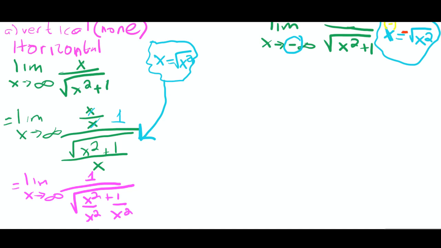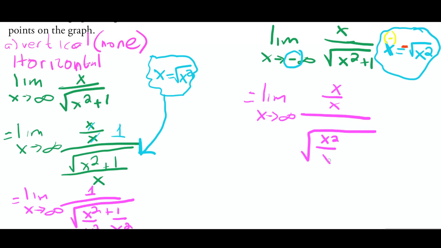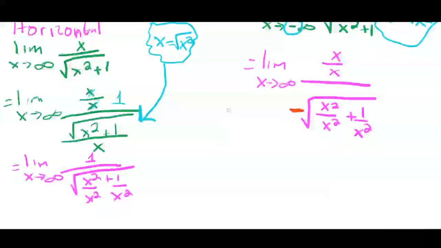In this one, when you do the same thing, you're going to divide by x on top, but then to bring it inside, it's not the square root of x squared, it's negative square root of x squared. This negative comes from the x.